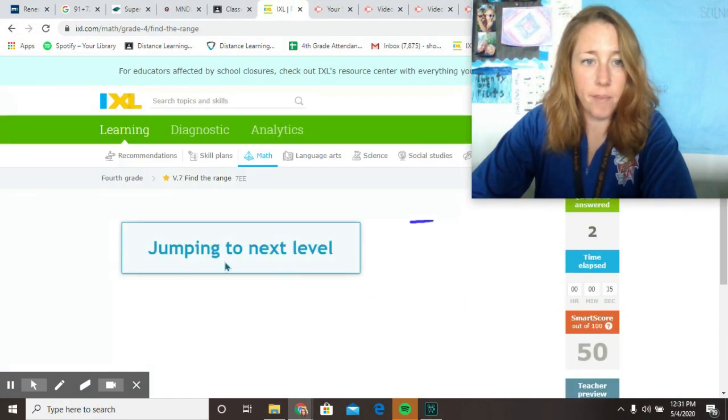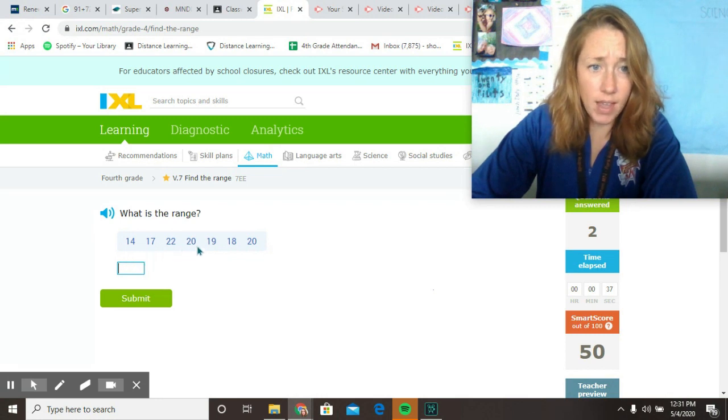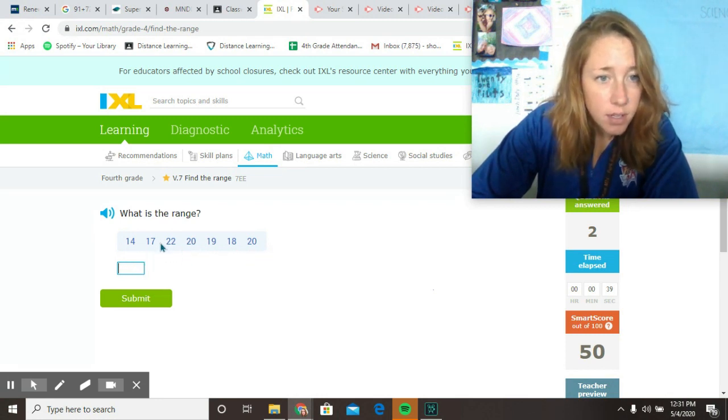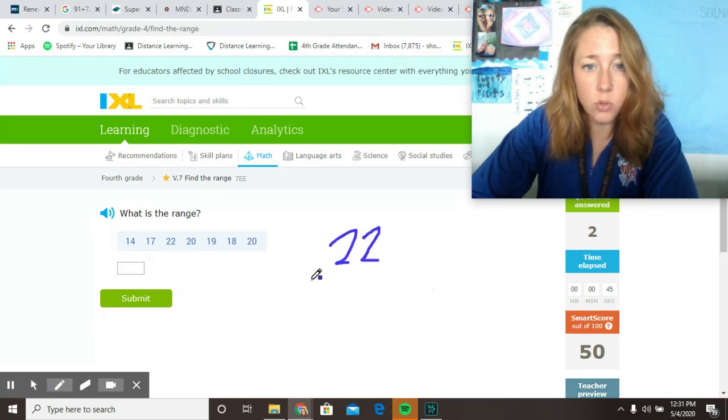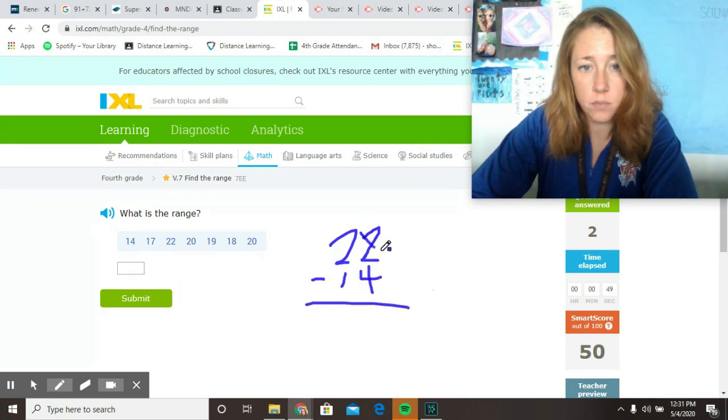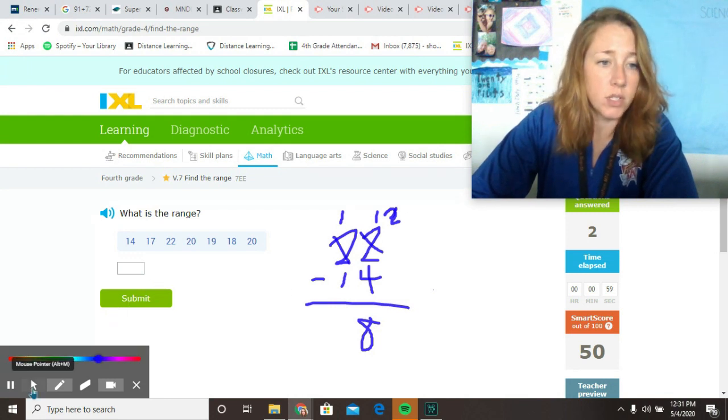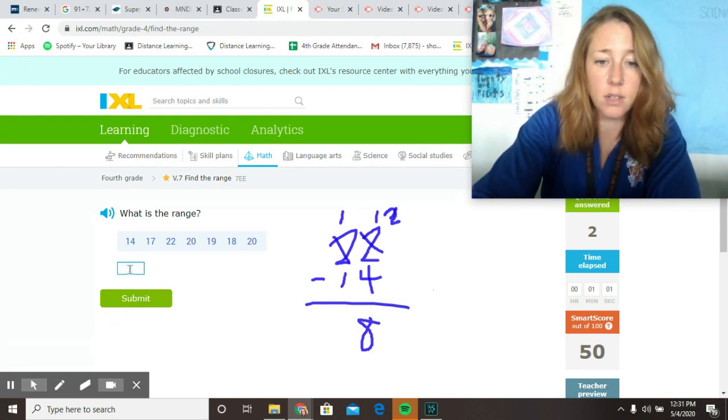Let's skip a level. Okay, smallest number here is 14. My largest number is 22. So I will take 22 minus 14. Remember to borrow from the 1, regroup if you need to. So 12 minus 4 is 8. And borrow from the 2, so that turns into a 1. 1 minus 1 is 0. So my answer is 8.